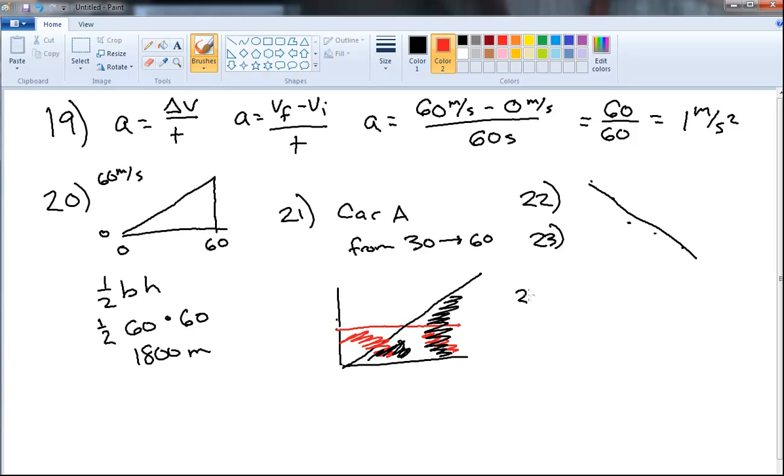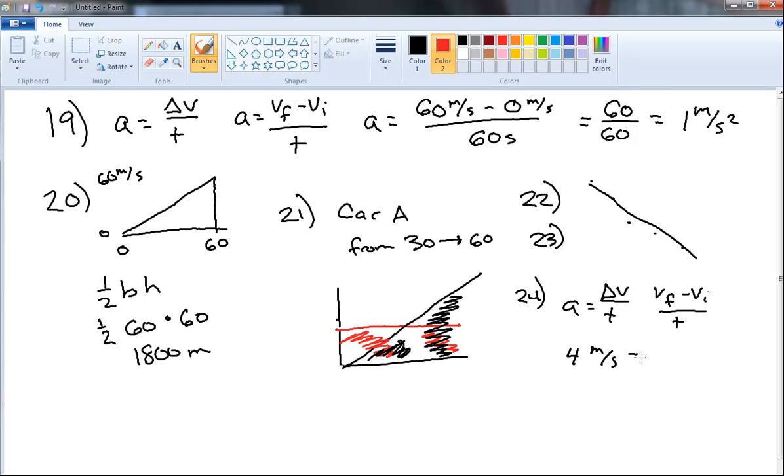And 24. Using the graph, determine the acceleration of the car. Acceleration is delta V over T. So delta V, it's the final minus the initial. It's not always the biggest minus the smallest. It's the final minus the initial. So in this case, the final speed was 4 meters per second.